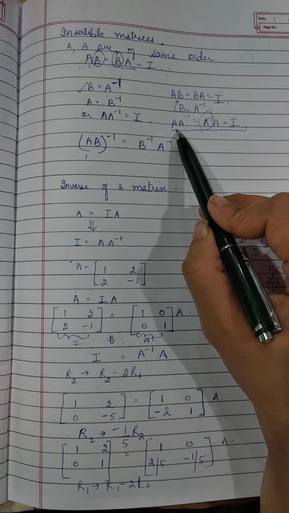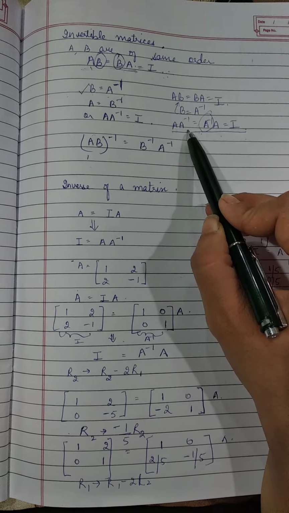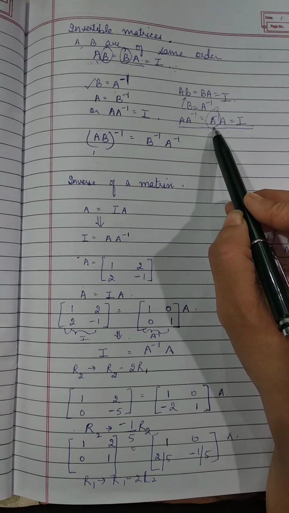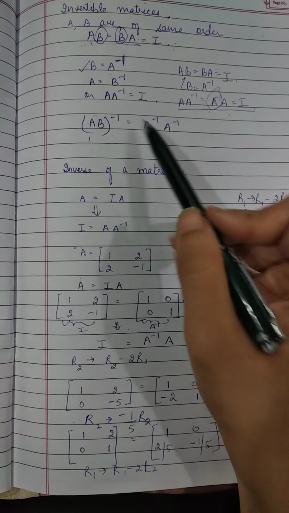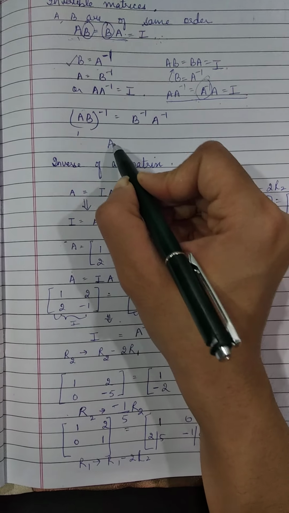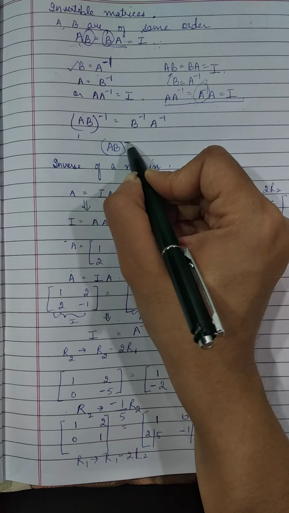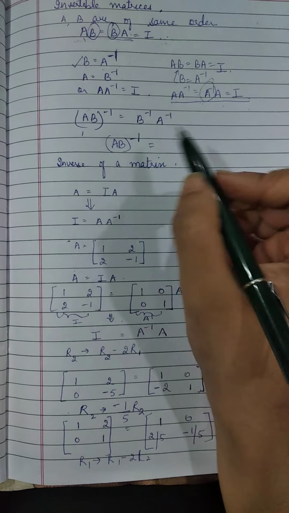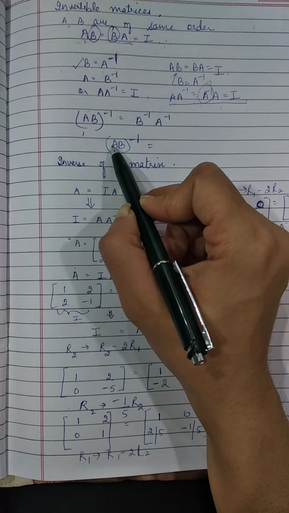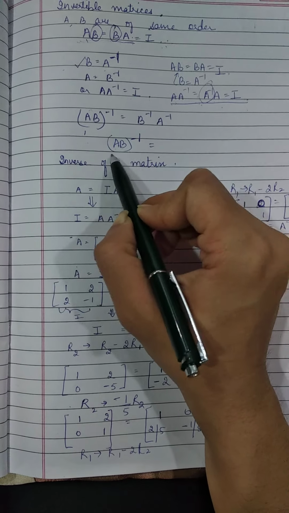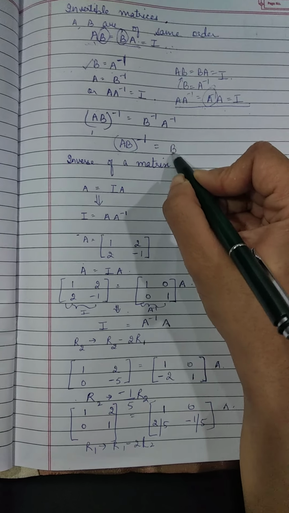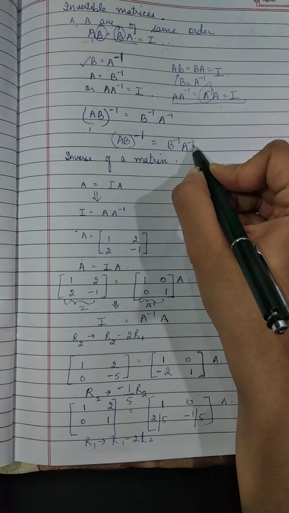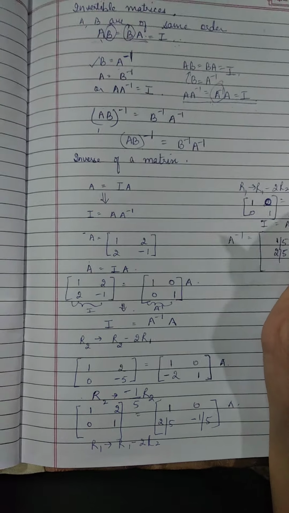Likewise, if you have to find the inverse of the multiplication of two matrices, that is AB inverse, this will be equal to B inverse into A inverse, right?